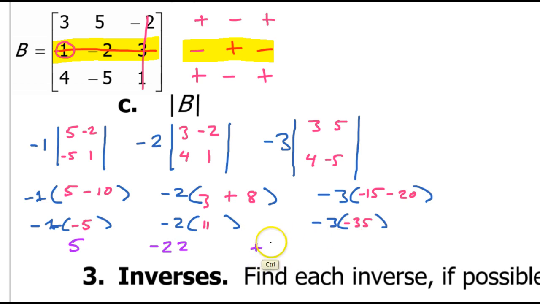Positive 90, 105. And then if you add these three numbers up, you get 88. So that is the final answer for the determinant of matrix B.